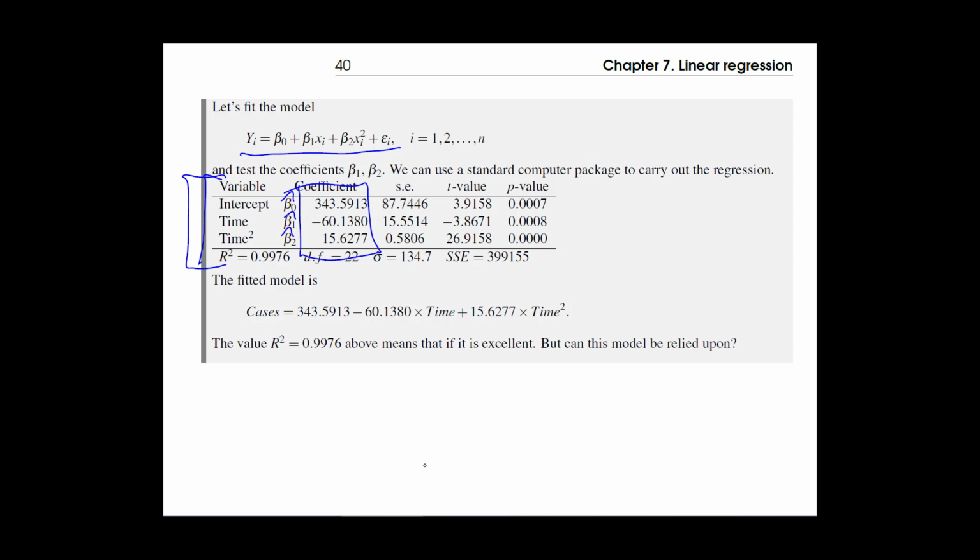You have the standard error of the coefficient, so the square root of the variance of the betas. Then you have the t value, which we call t naught in the lectures, and that's the value for testing the hypothesis that beta equals 0. So here you're looking for values that are greater than 2 in absolute value.